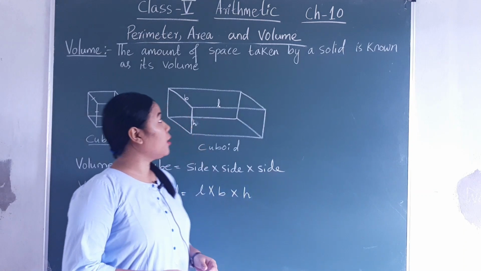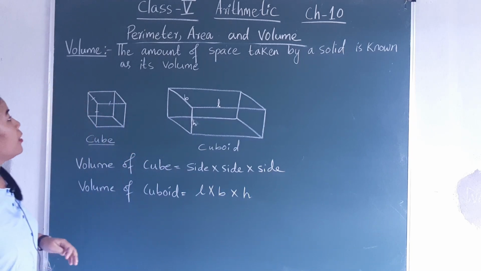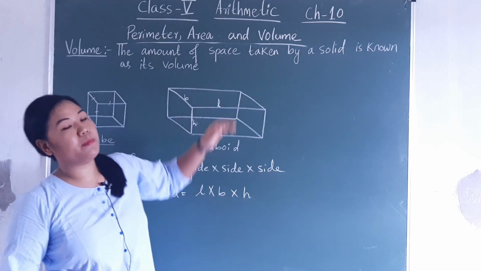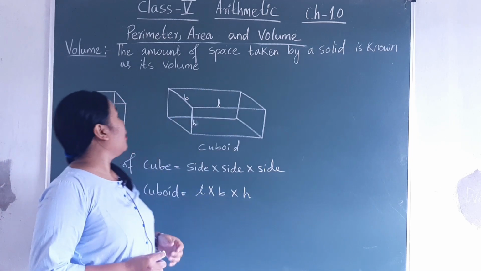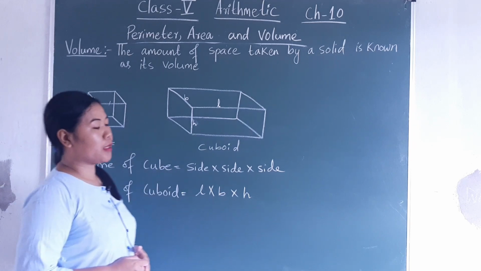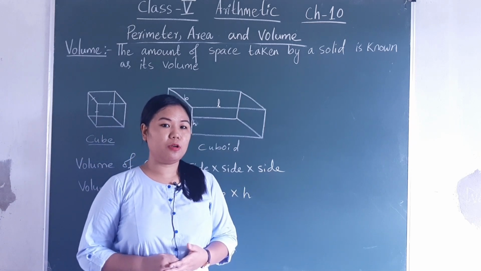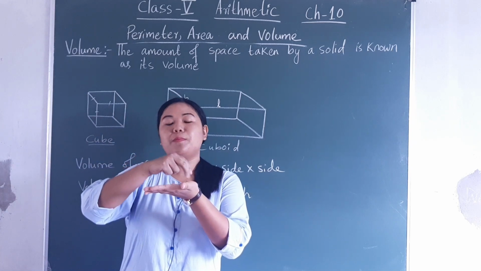Okay students, now we will see the last topic, that is volume. The amount of space taken by a solid is known as volume. Figures like square and triangle do not occupy any volume because they lie on a plane.